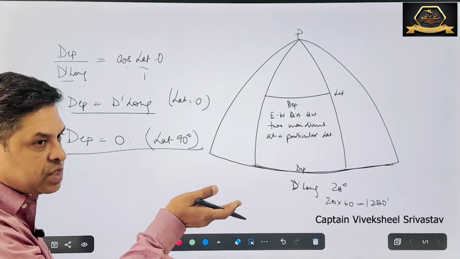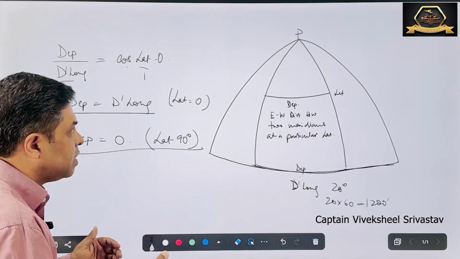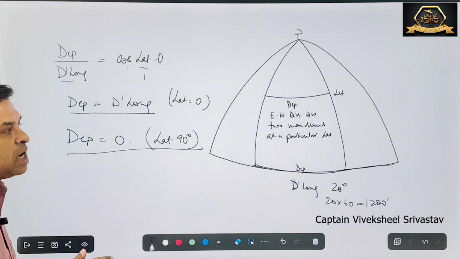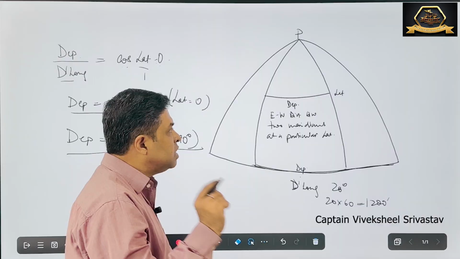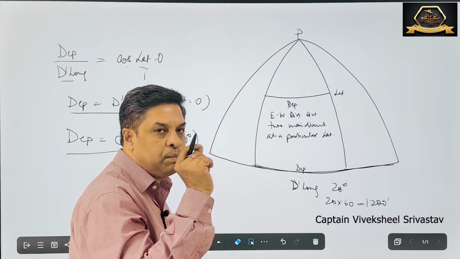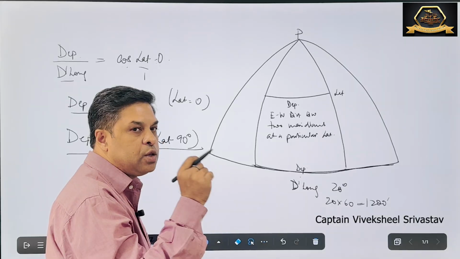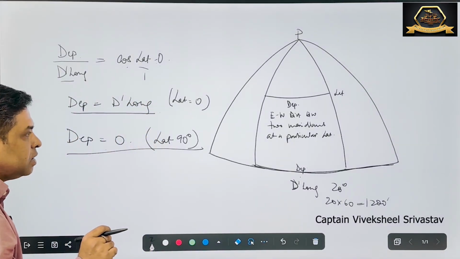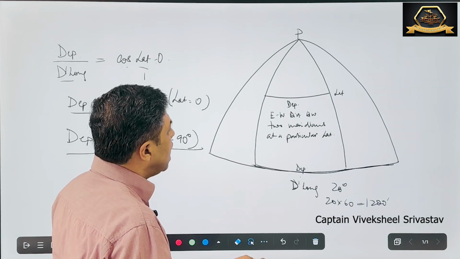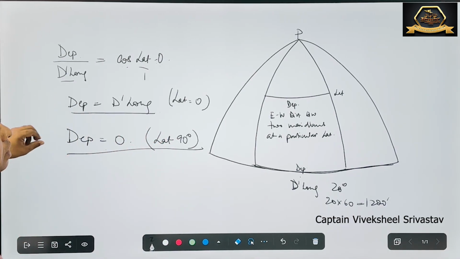As the latitude increases, the departure between two meridians decreases. And as you approach the pole, the departure becomes 0. Now, just keep in mind and remember that departure is always at a particular latitude. When you say departure, it means departure between two meridians at a particular latitude. That is very, very important.